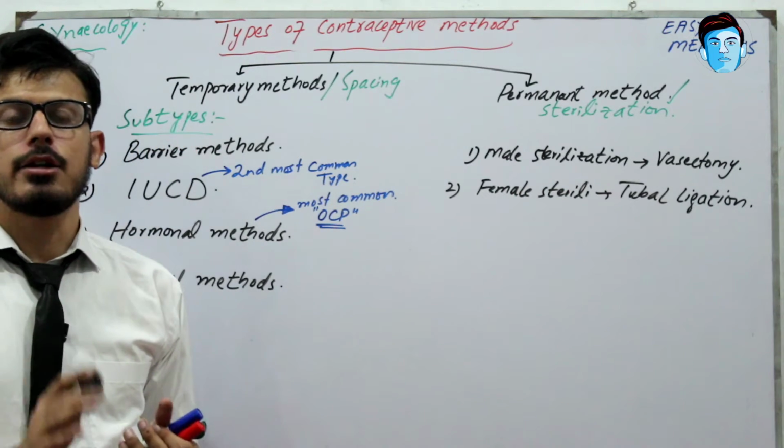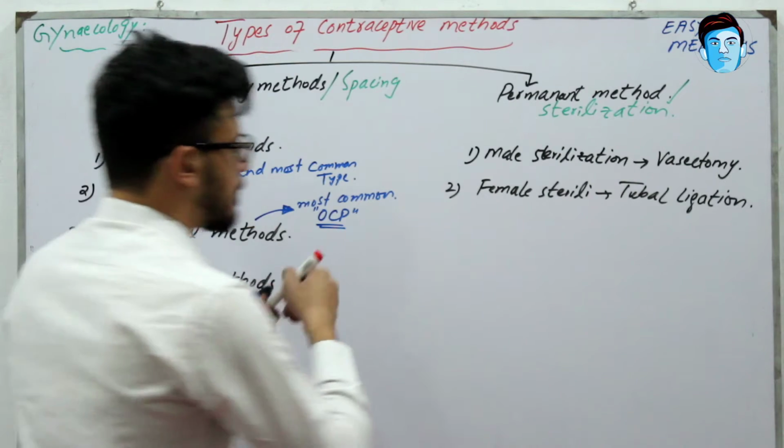What are the characteristics of ideal contraceptive devices?